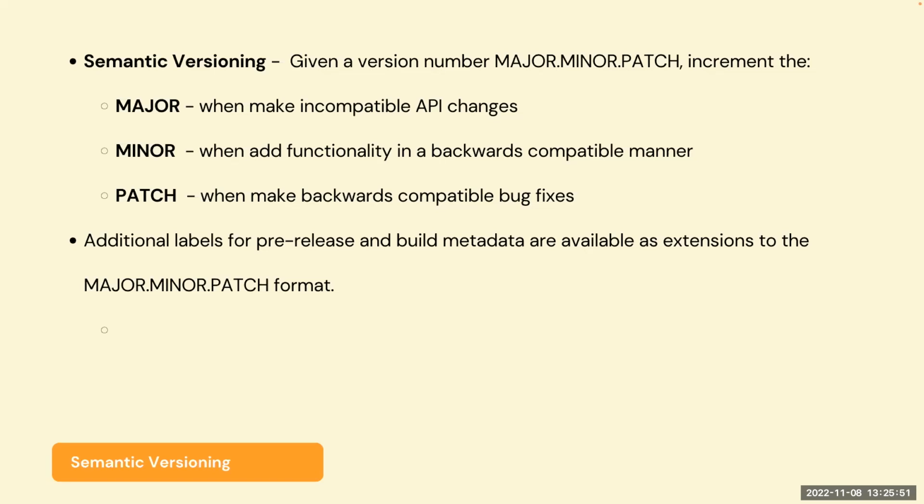For example, if you have any breaking changes, you have to upgrade the major version and put it in your changelog, because whoever is going to use your software has to be aware of that change and make any required changes on their side.